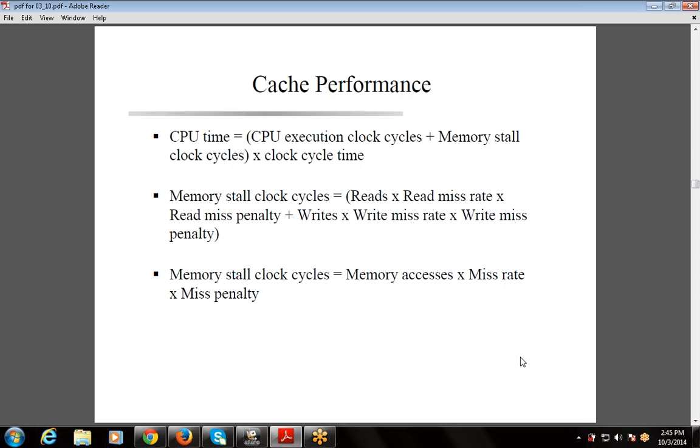CPU time is calculated as the CPU execution clock cycles plus the memory stall cycles, and that whole sum is multiplied by the clock cycle time.